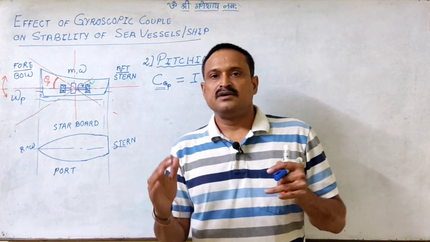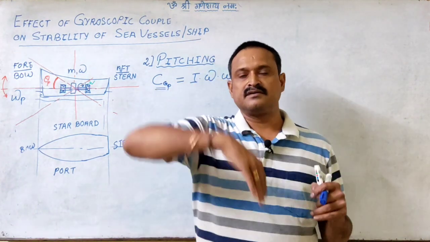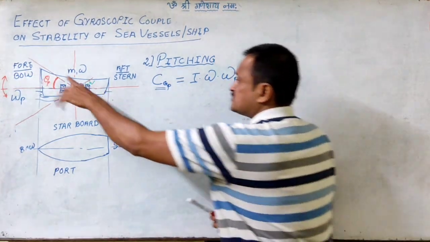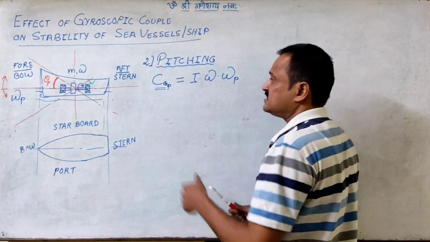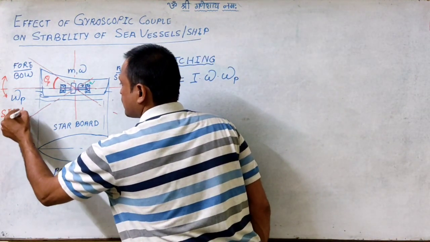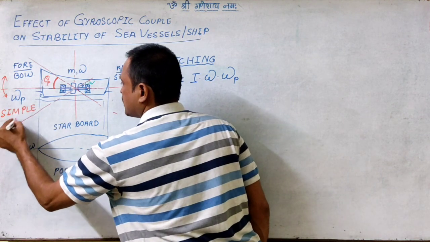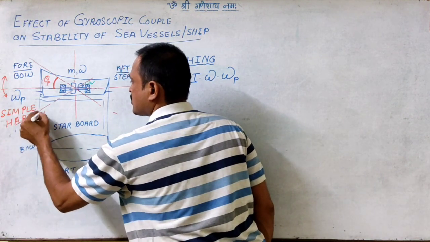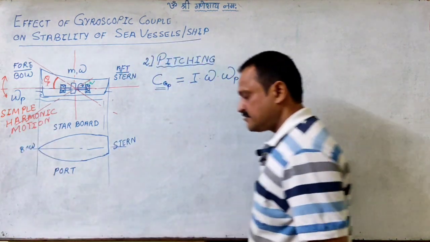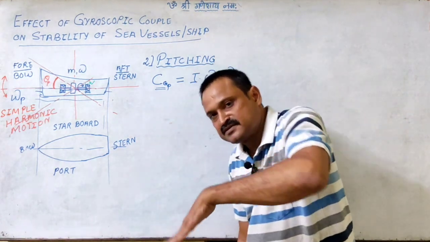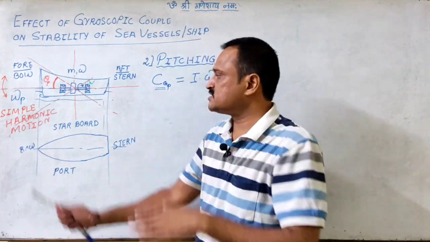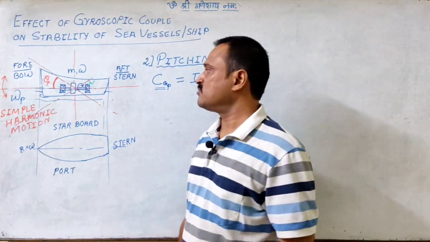Now of course the waves of the sea are natural, and the wave motion is actually a simple harmonic motion, right? If it is so, that means the pitching, the rising and falling down of the bow of the ship, is following a simple harmonic motion.